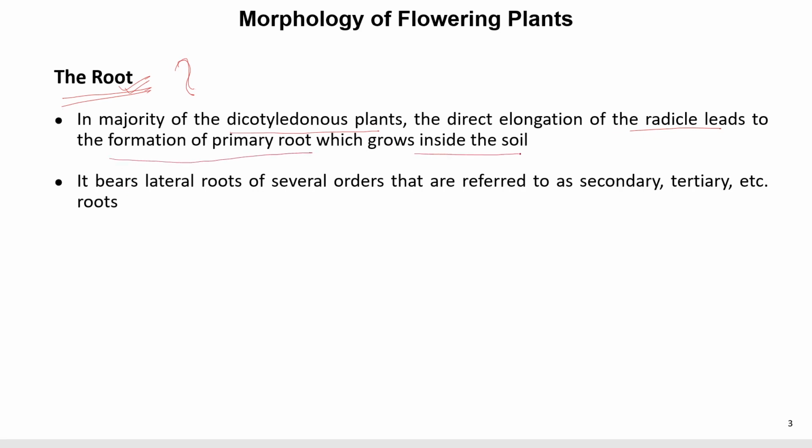grows inside the soil. So if I draw a dicotyledonous seed, you all know a dicotyledonous seed means it has two cotyledons. So this is the plumule and this is the radicle. This is the radicle.